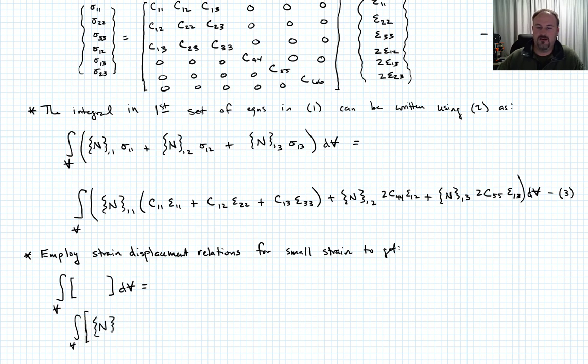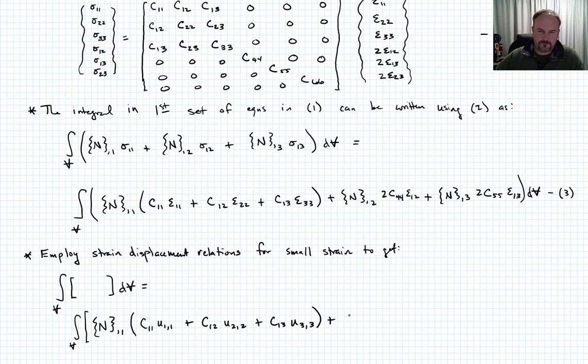That's just partial of n with respect to x1. And then inside this parenthesis, C11 doesn't change. Strain displacement relation of epsilon 1,1, well, that's u1 comma 1, plus C12 times u2 comma 2 plus C13 times u3 comma 3, right? That's epsilon 1,1, epsilon 2,2, epsilon 3,3, okay?